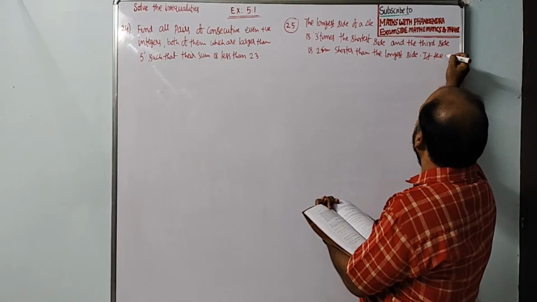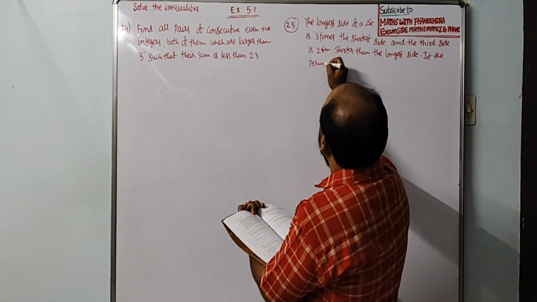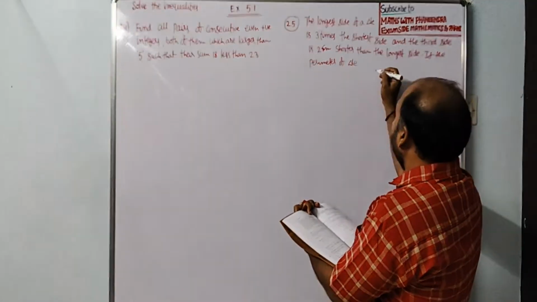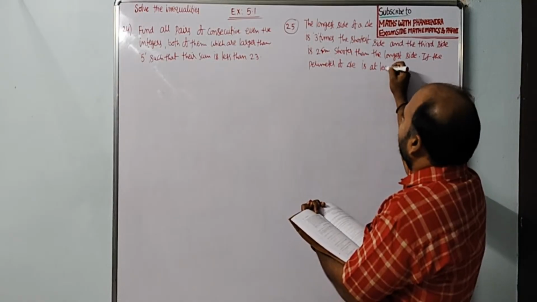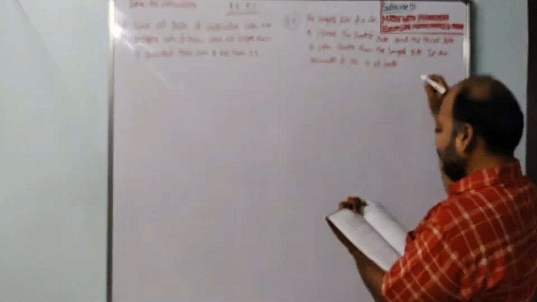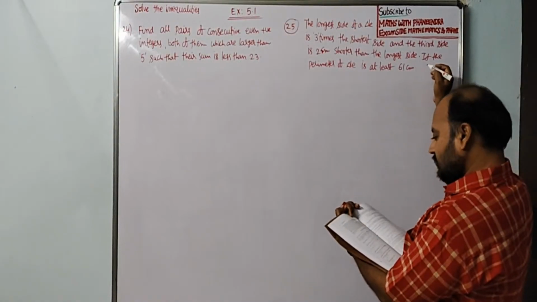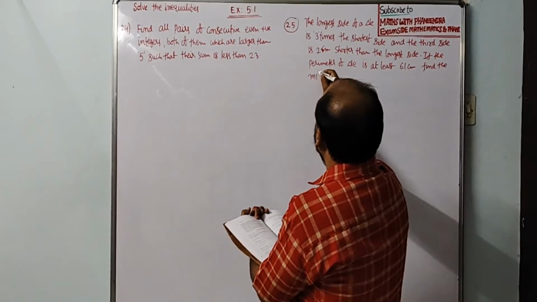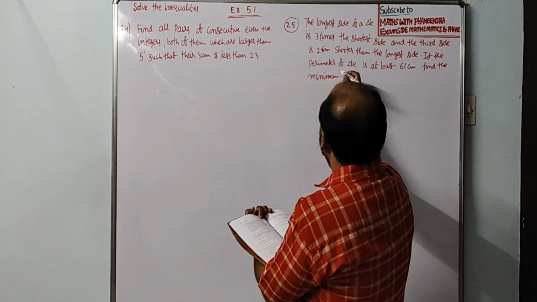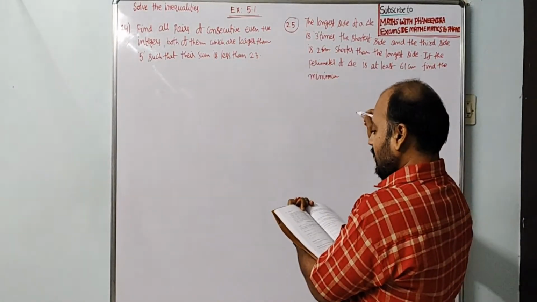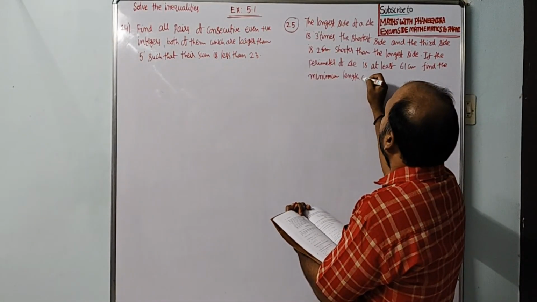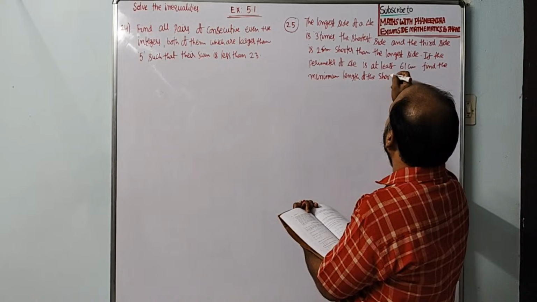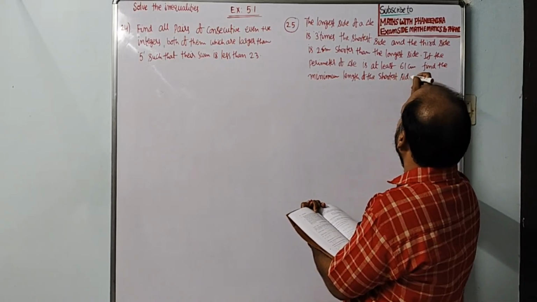If the perimeter of the triangle is at least, we already did that, at least means greater than or equal to 61 centimeters, find the minimum length of the shortest side.